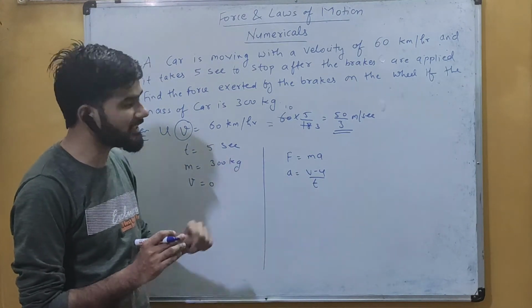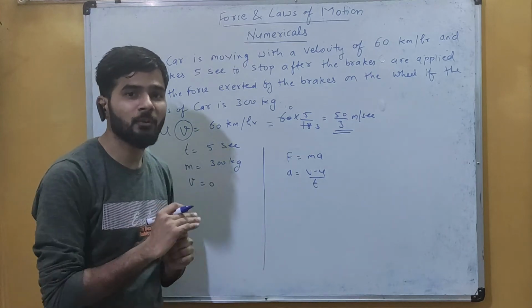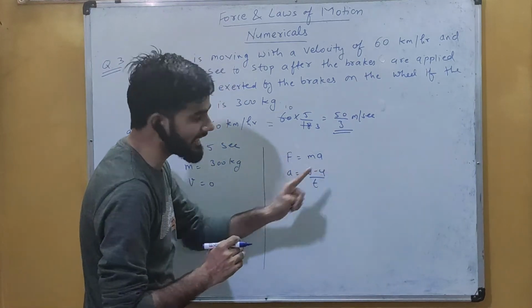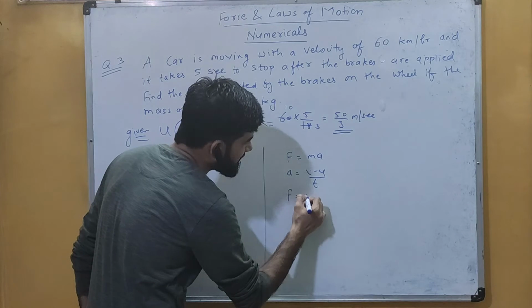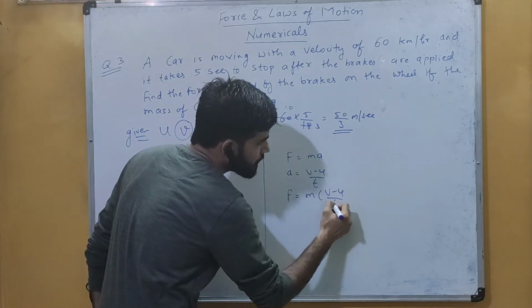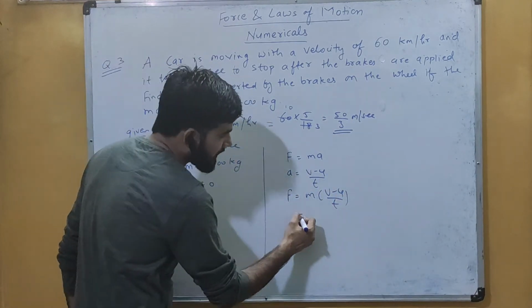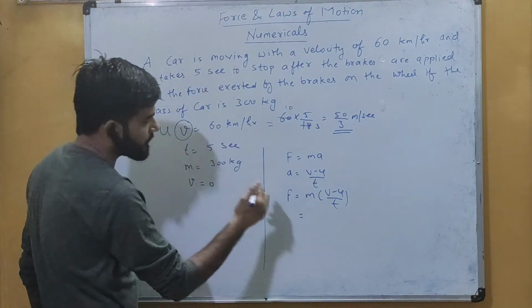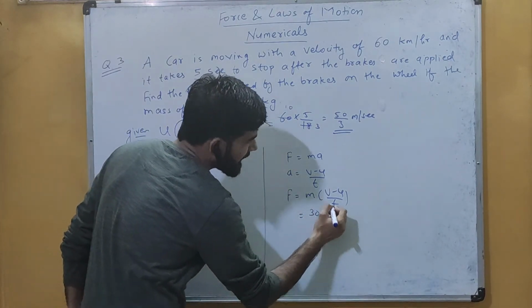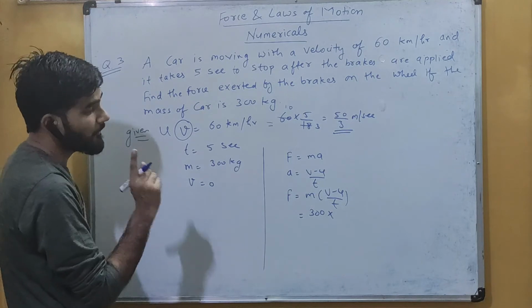Here we have to find the value of force applied on the wheels. So we can write the value of a directly in this formula. So I can write F is equal to m into v minus u by t. What is the value of m? The value of m is equal to 300 kg into v minus u. What is the value of final velocity?